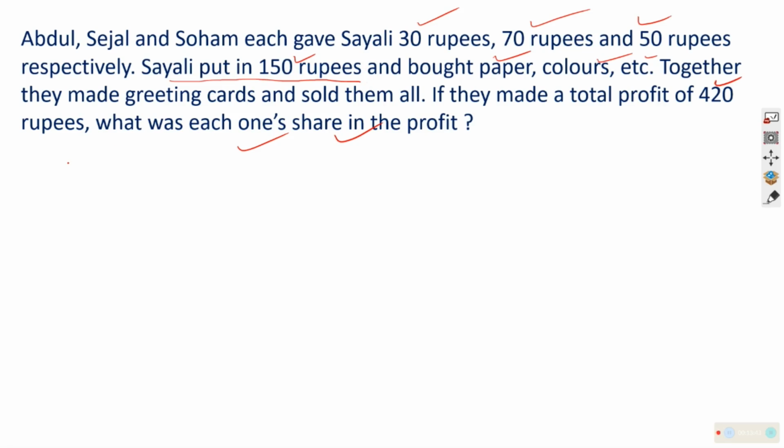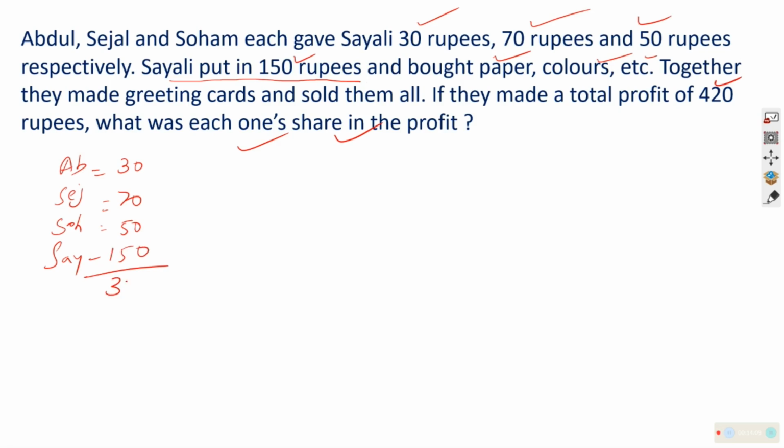So let me write Abdul, Sejal. Short form इसलिए लिख रहा हूँ टाइम बचाने के लिए वीडियो का. More the time, heavier the video, difficulty in downloading, uploading. Then Sayali herself. She here 30 rupees, 70 rupees and 50 rupees, and Sayali put 150 rupees.